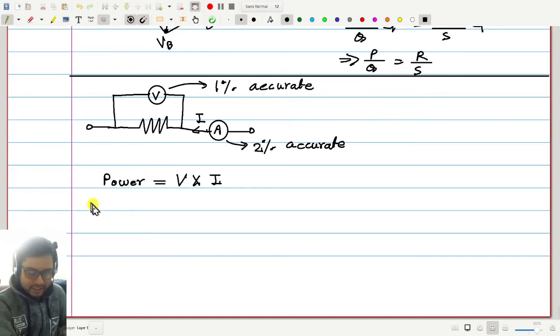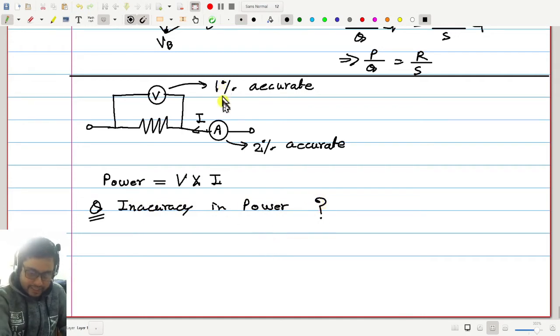Now the question is, how much is the inaccuracy in power? Inaccuracy in power measurement is how much? Is it 1%? Is it 2%? Or something else? Let us see that.